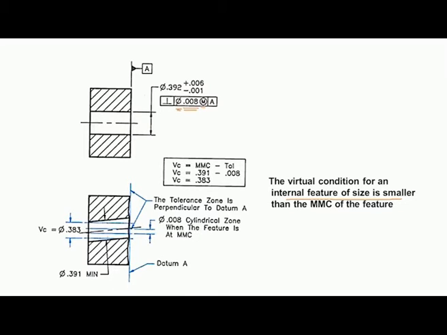You can see here we have considered a cylindrical zone with the diameter 0.008 millimeter as specified in the drawing, and the axis should be within this cylindrical zone. In that case, the workpiece is accepted.